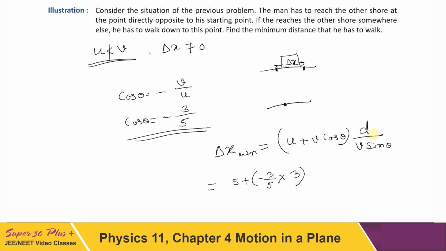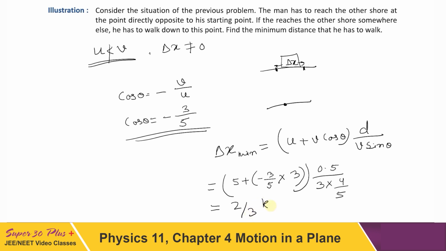This to be multiplied with d upon v sin theta. Value of d is half kilometer, that is 0.5 upon v sin theta. V is given 3 and then sin theta. If cos theta is minus 3 by 5, sin theta has to be equal to 4 by 5. So this multiplied with 4 by 5. If you now calculate all this value, it will come out as 2 upon 3 km.